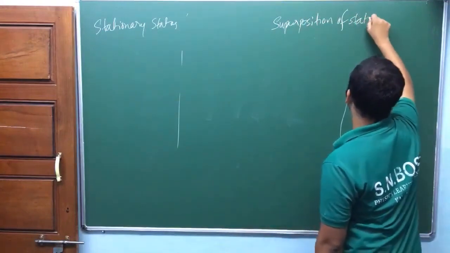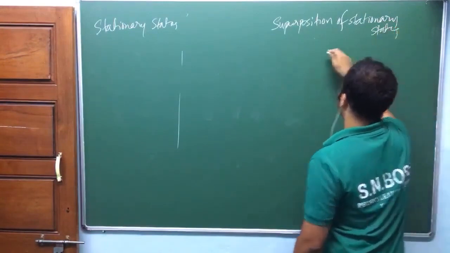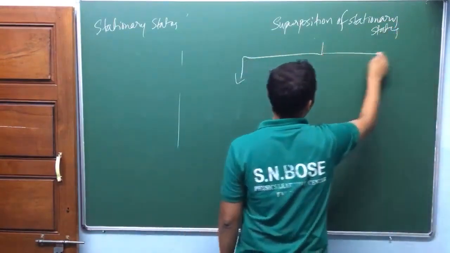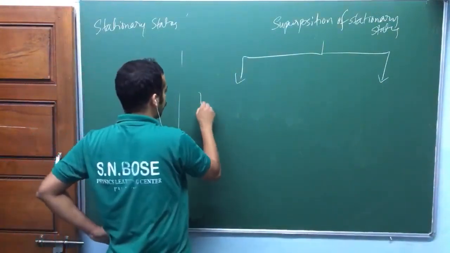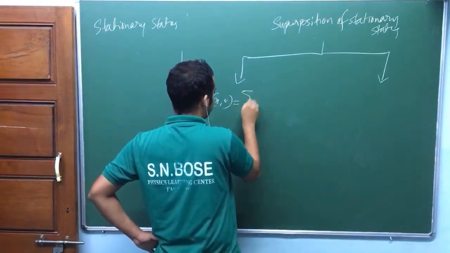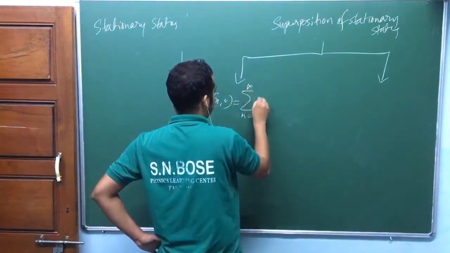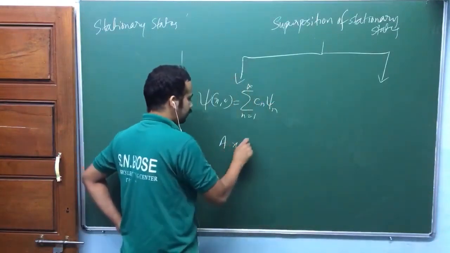Superposition of stationary states. In the superposition of stationary states, you have two types. One superposition state contains infinitely many terms, like a function of x into a minus x.